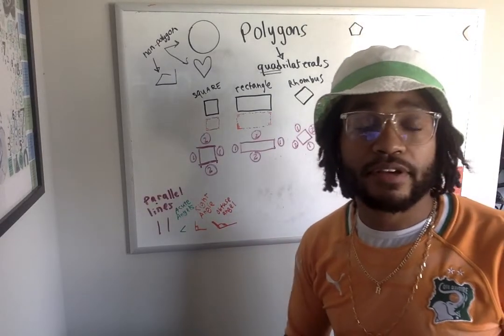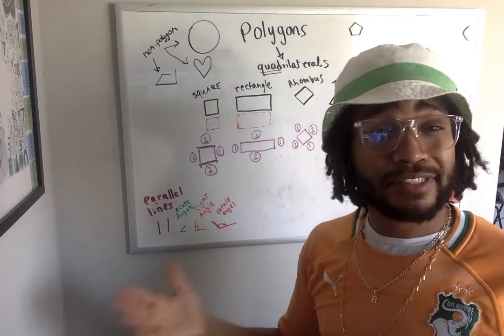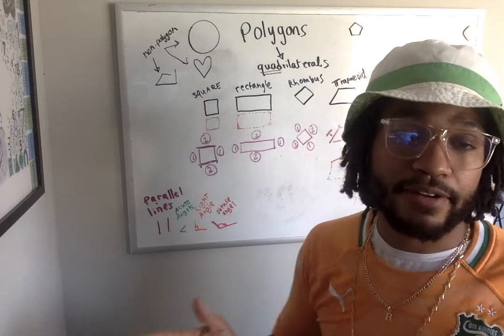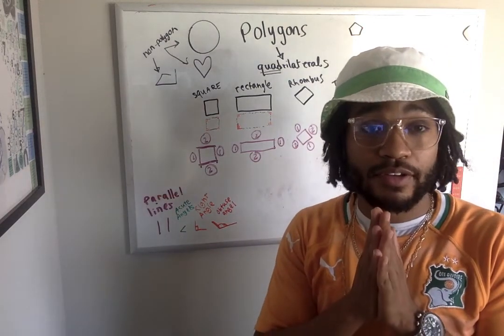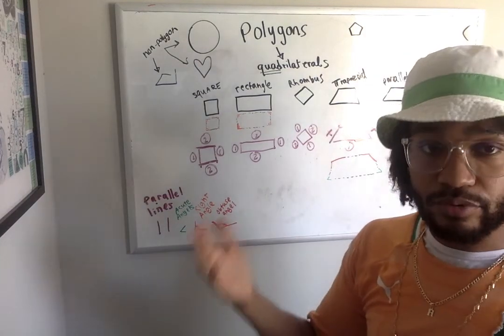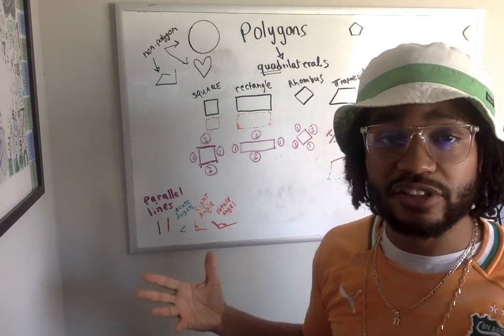So those are some things that can help you out at home, especially maybe seeing some quadrilaterals around the home and being able to identify them. Hopefully this was helpful and you're able to see in the real world some of these quadrilaterals and some of the attributes of polygons just in general.